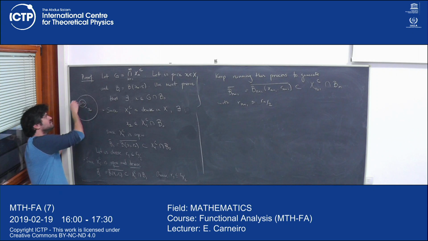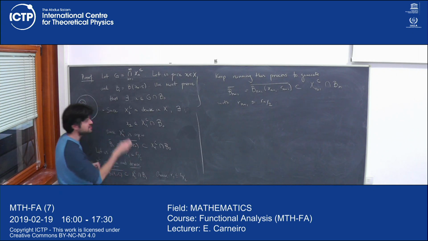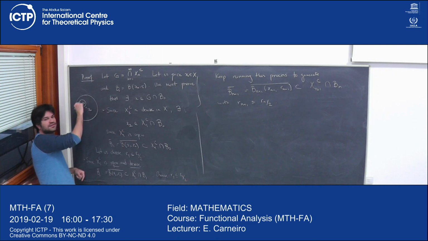So by this property of each Xn complement being open and dense, you choose these points and these little balls one inside the other.